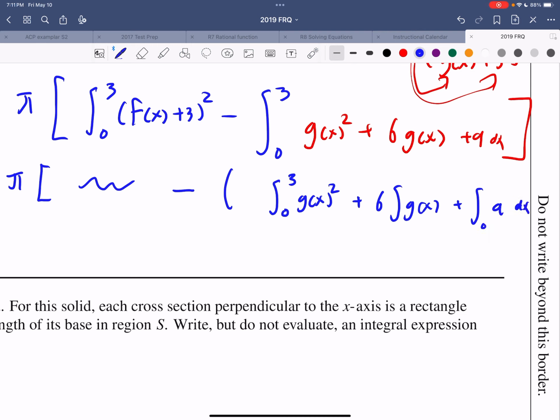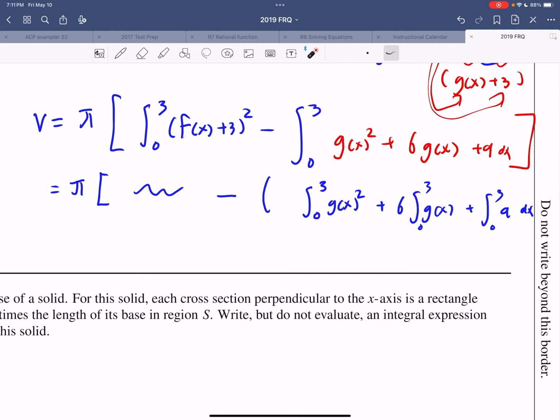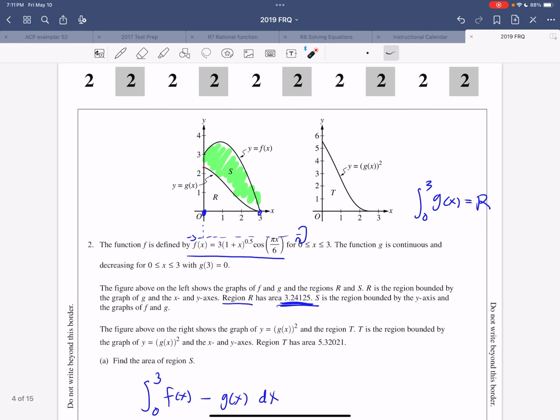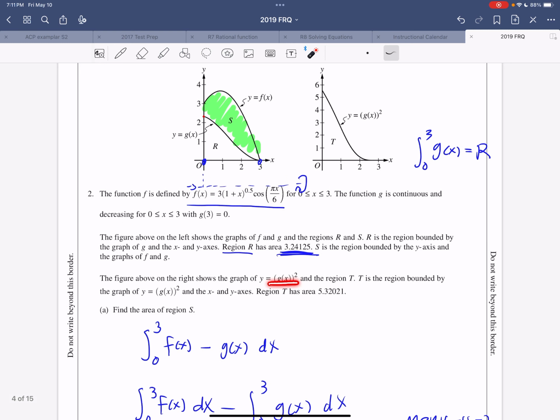Obviously 0 to 3, 0 to 3. Now this portion, we already know, this square, because do you see g of x squared? This one is given to us. This is the same as a t. So what's g of x squared?